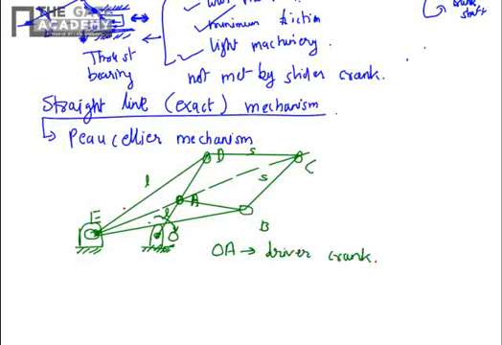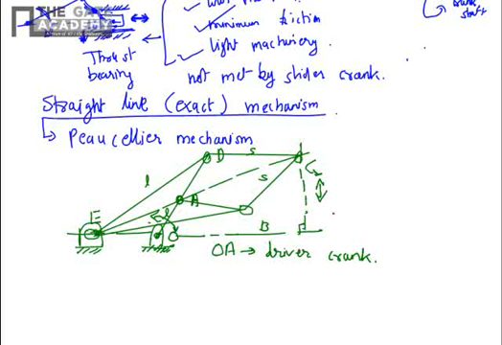This is where you get the rotary motion at the link OA, and you get the straight line motion at C. Depending on the direction of the rotation, you will get up or down straight line motion of the point C. This straight line will be perpendicular to the line connecting E and O.